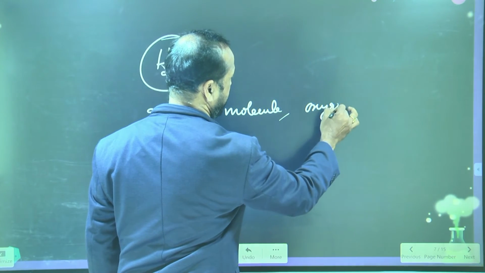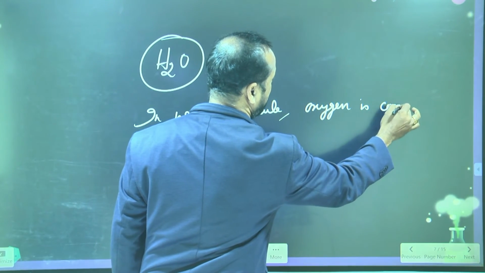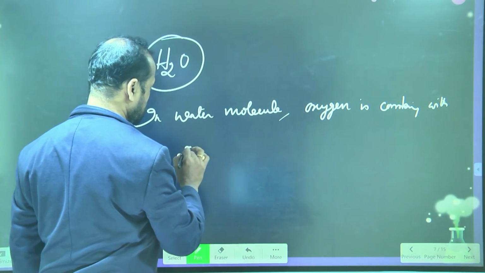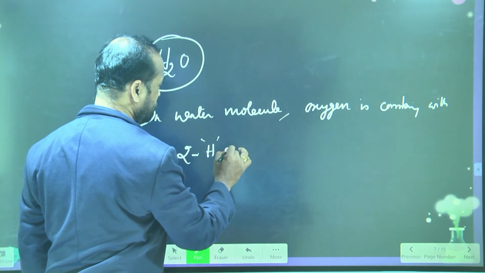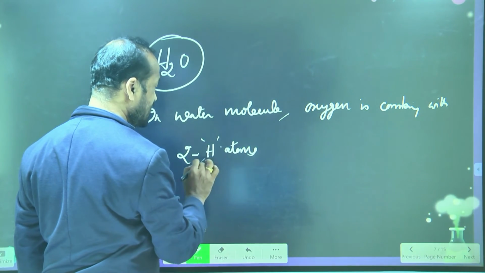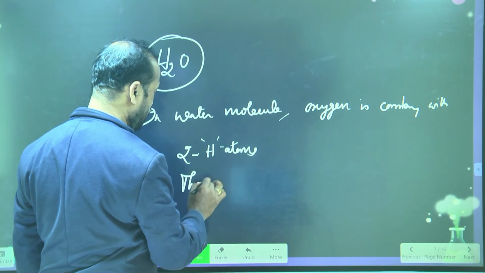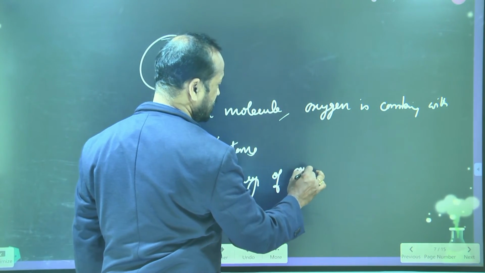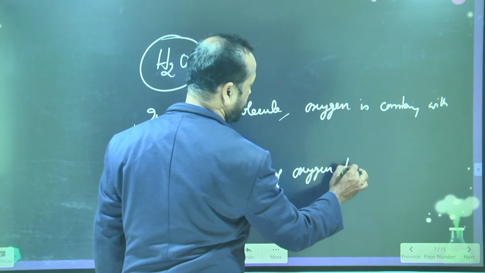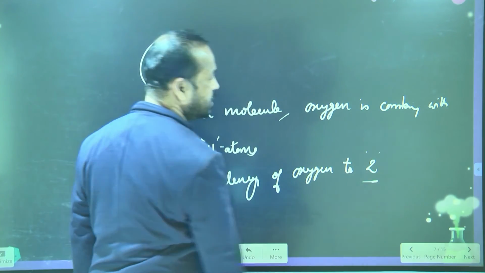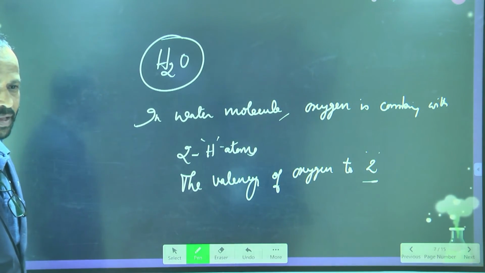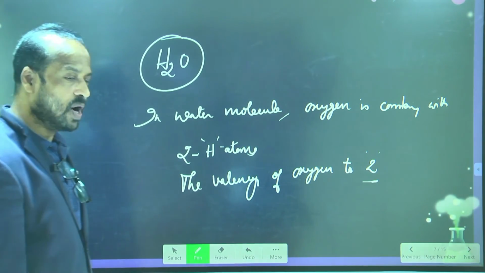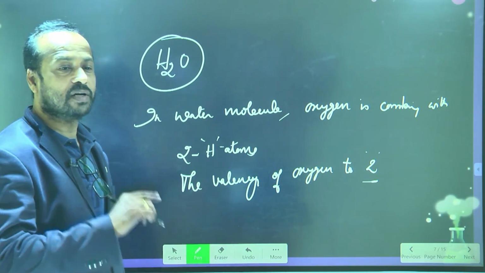Oxygen is combining with 2 hydrogen atoms. Yes or no? So hence the valency of oxygen is 2. That's all. Is this clear to you? That's called combining capacity. So in a water molecule, oxygen is combining with 2 hydrogen atoms, so the valency of oxygen is 2.